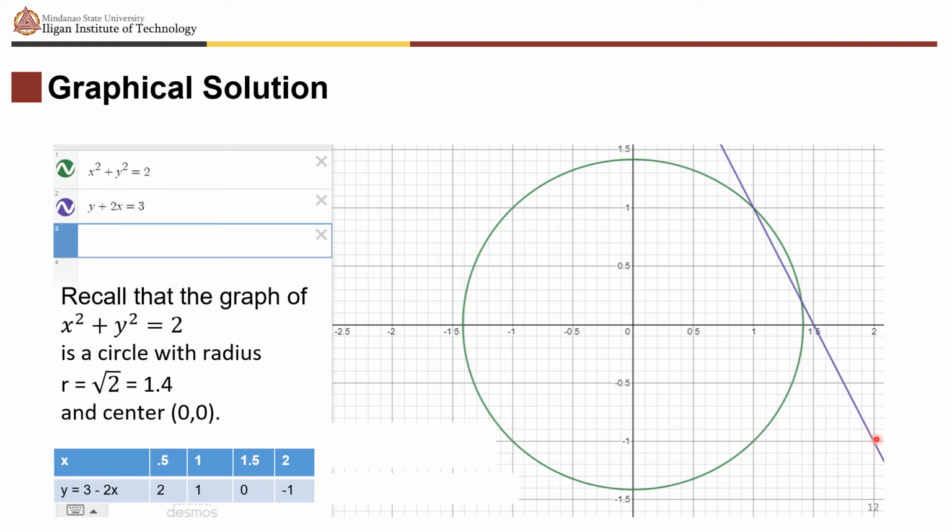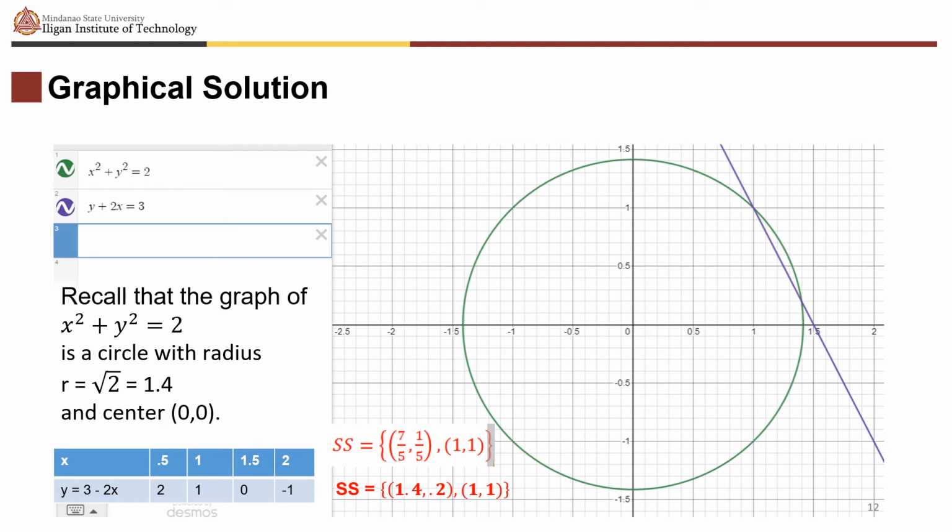Notice that the points of intersection are (7/5, 1/5) and (1, 1).